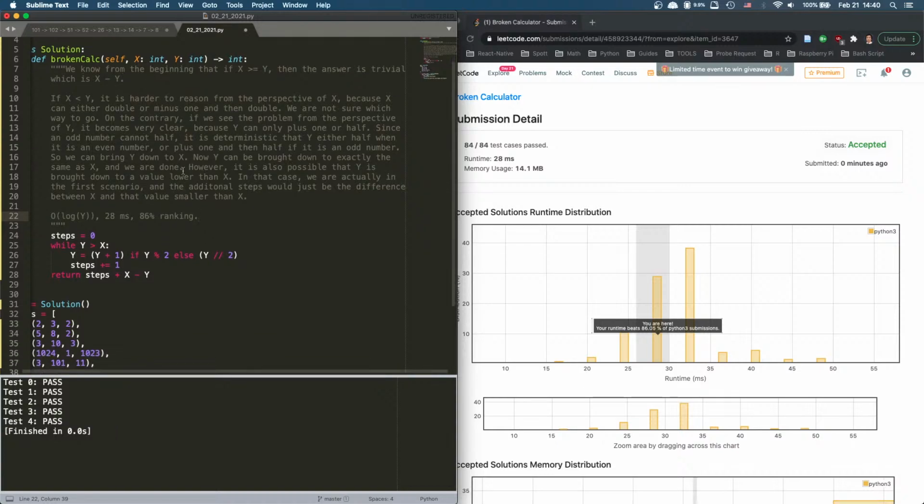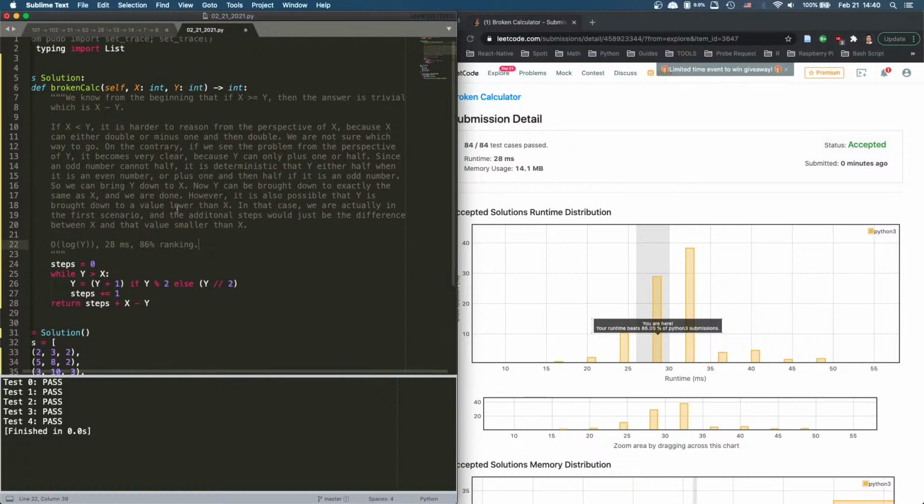I am thinking whether we can do this in one line. Because it's incrementing, so we can use sum, right? And as we're doing this, probably not. We are changing y.